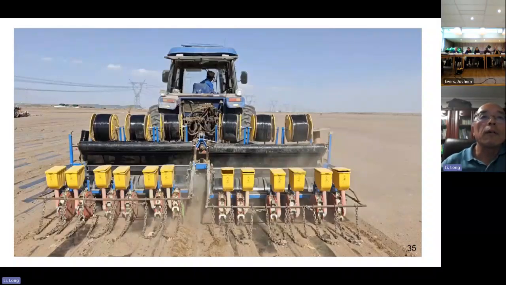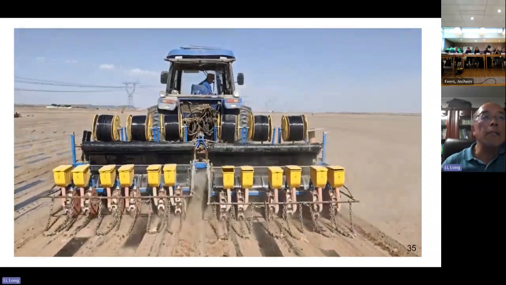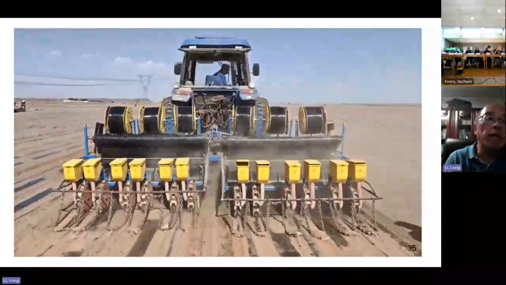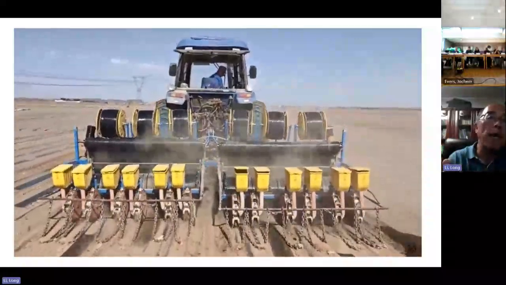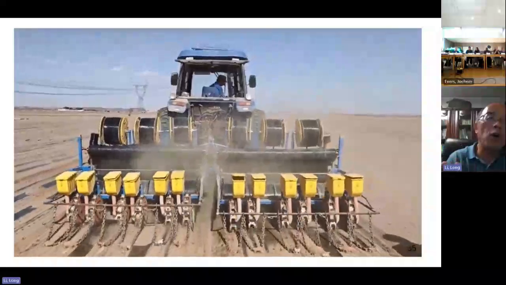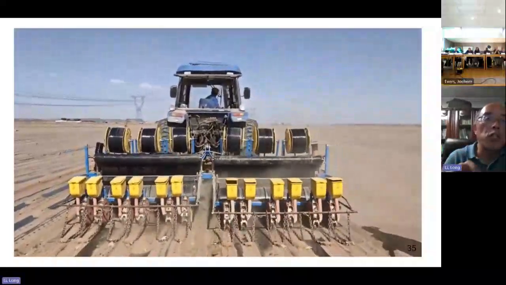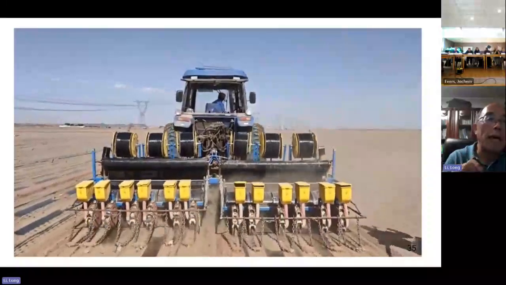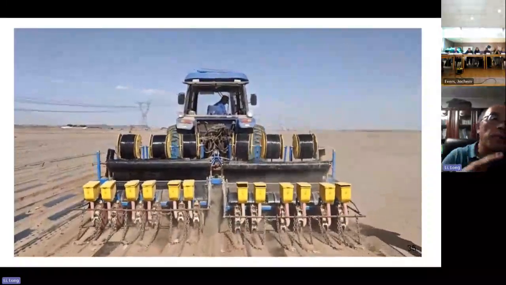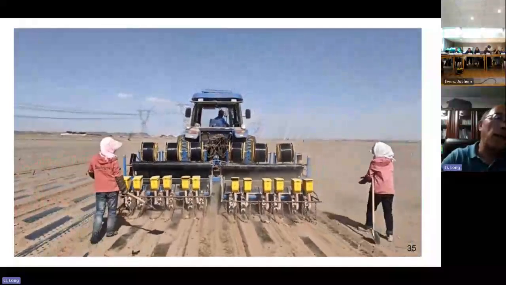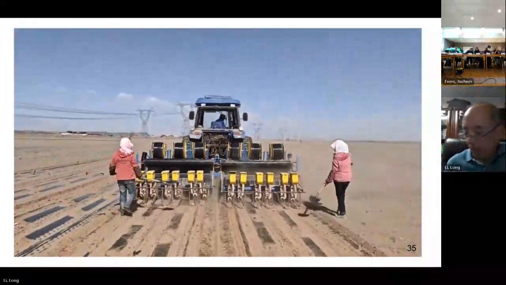Yeah, we can see this machine can sow the maize and the soybeans at the same time. Also we use some fertigation tubes, fertilization, and also mulch with plastic film at the same time.